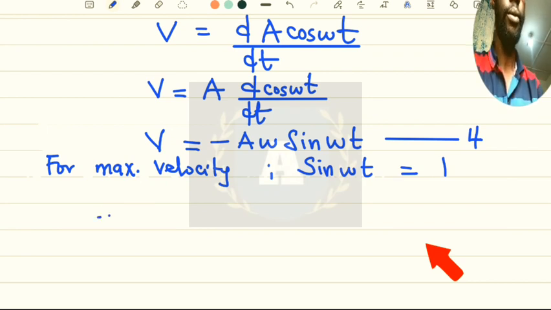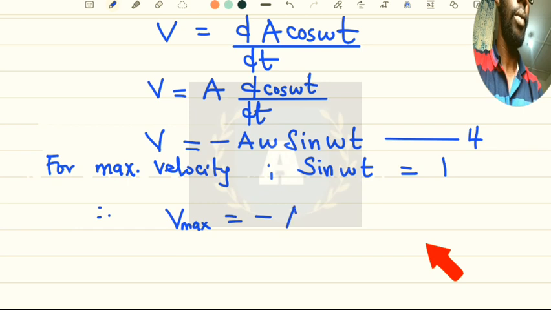So therefore, the maximum velocity will be equal to minus A omega, since sine omega t has been changed to 1, and 1 multiplied by this gives you this.